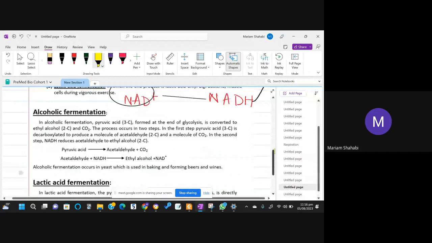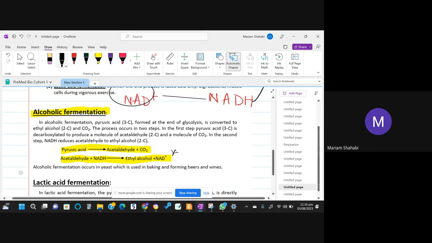ठीक है. यहाँ पे alcoholic fermentation, which is what happens in yeast. Pyruvic acid is converted to acetaldehyde and CO2. Again, ये learn करने वाली चीज़ है बस. And then acetaldehyde plus NADH will give you ethyl alcohol and NAD plus. अब यहाँ पे क्या हो रहा है?